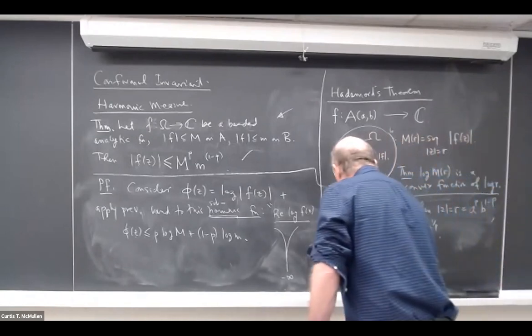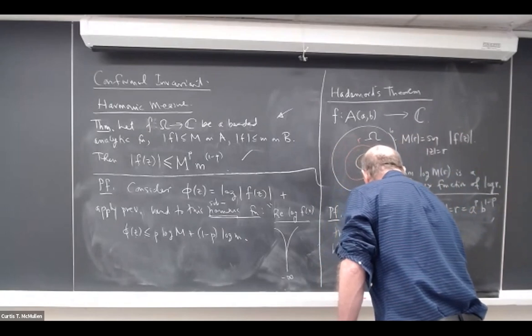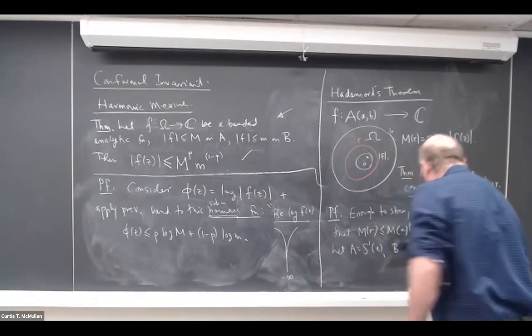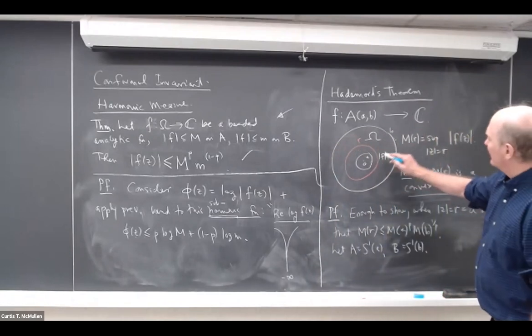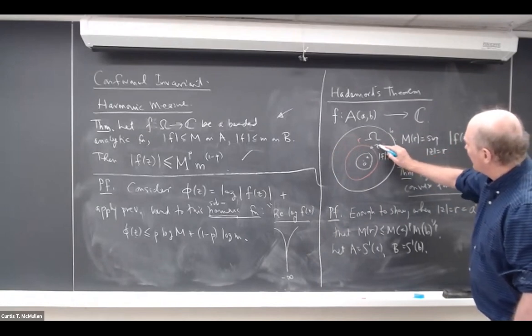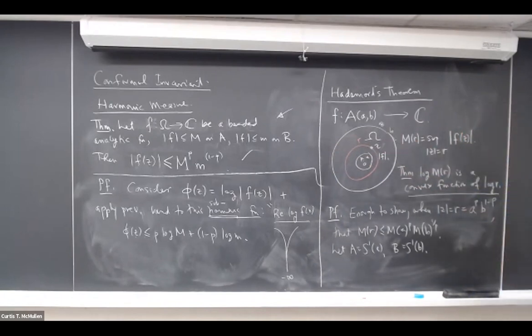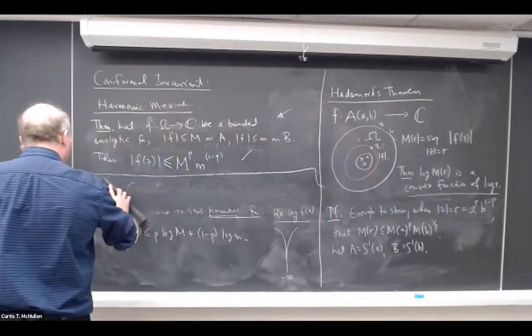We let A be the circle of radius A, and we let B be the circle of radius B. And now what we need to know is what's the harmonic measure at our point z, which is on this circle here, of the inner boundary of the annulus? What's the harmonic measure of the outer boundary? Well, this is something we computed already.